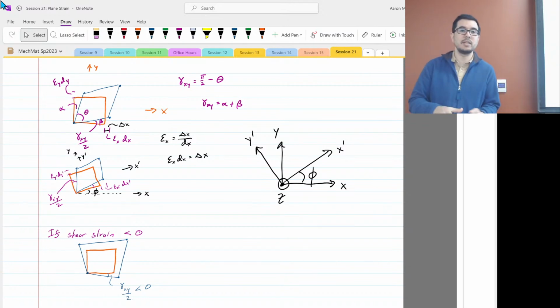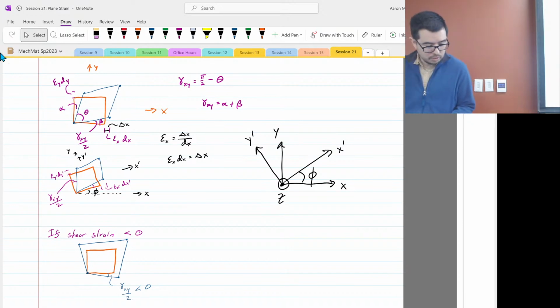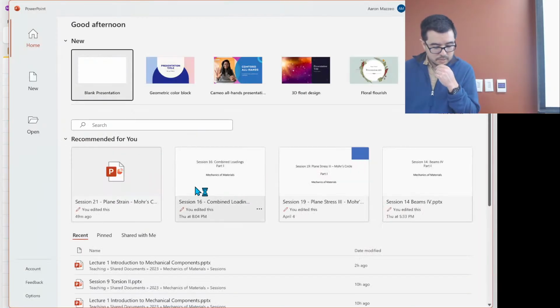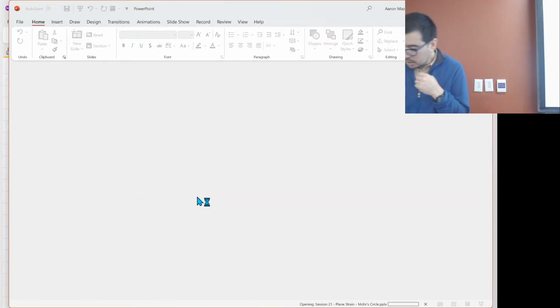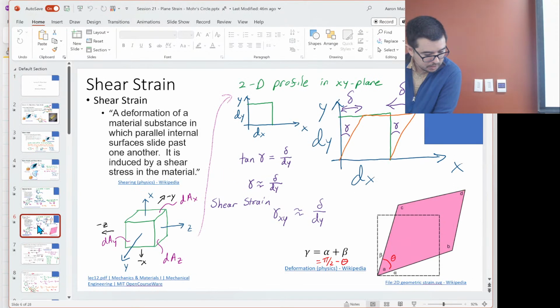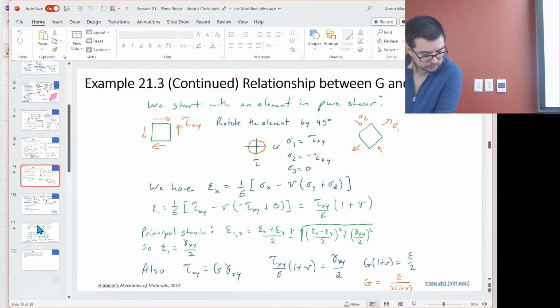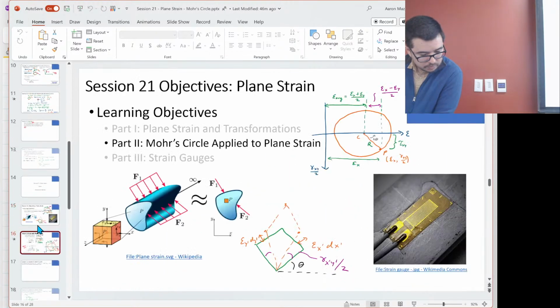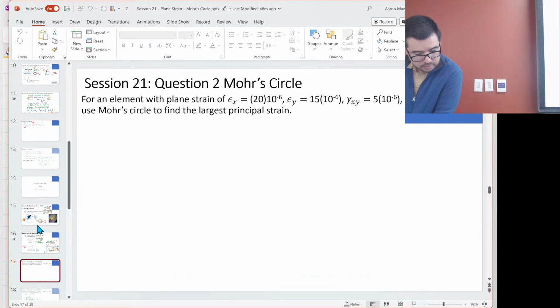That's exactly what Alex was saying, that I put a typo. This is for questions 2 and 3, if I'm not mistaken. So we're using a gamma xy here, and I'll reflect that.